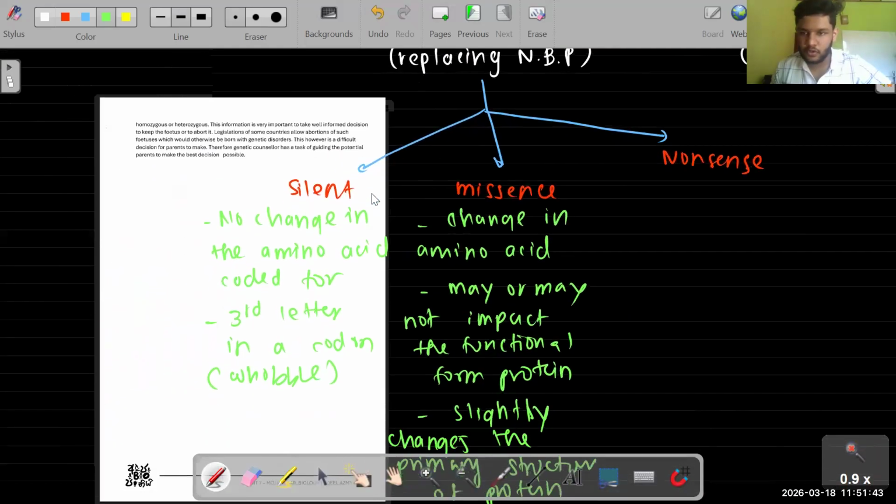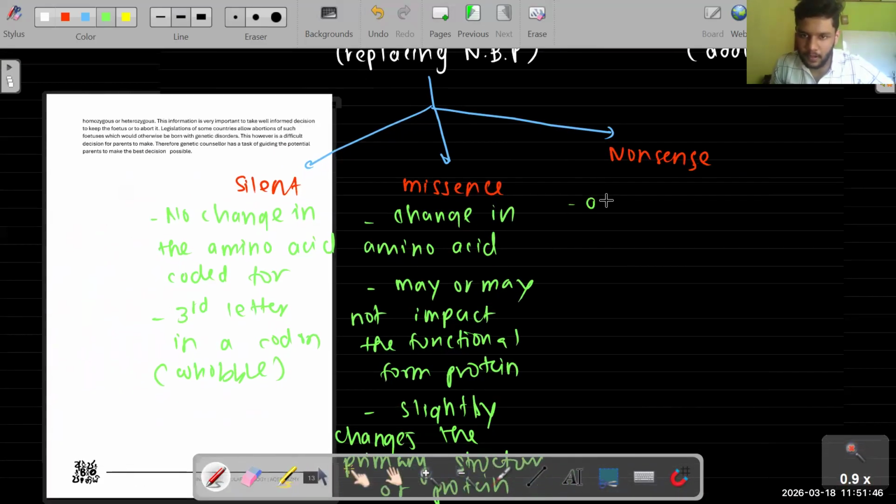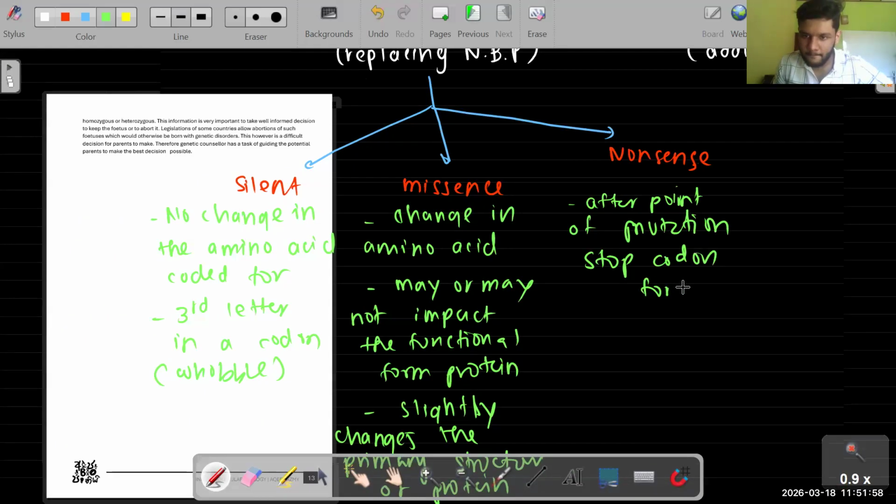Right? So after the point of mutation, a stop codon is formed. What are the effects due to this?